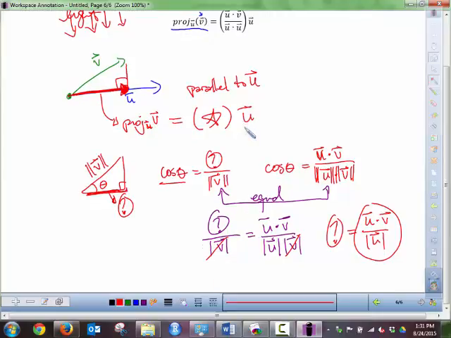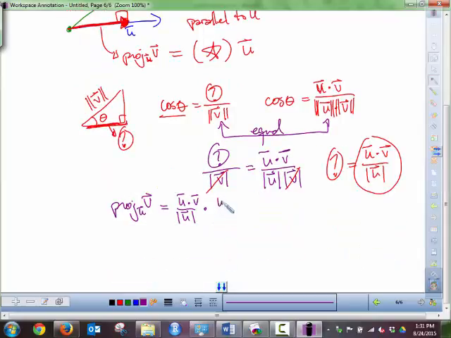So, let's see. Looks like maybe the projection of v onto u is equal to this thing, u dot v divided by the magnitude of u, times u as a unit vector.